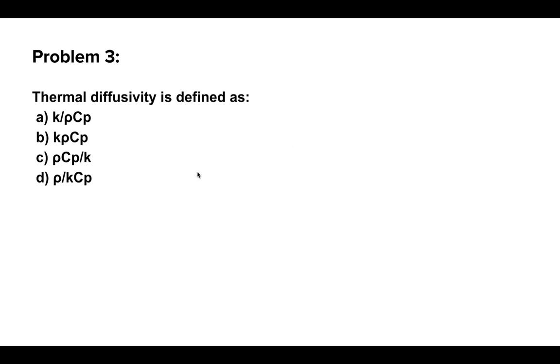You can also usually use alpha for describing it. So the equation for beta is basically K by rho Cp, that is conductivity divided by rho Cp, where Cp is the specific heat capacity at constant pressure, and rho is the density. Okay, so that is a term that you get. Beta is equal to K by rho Cp.